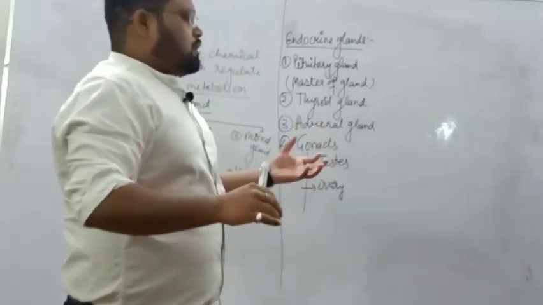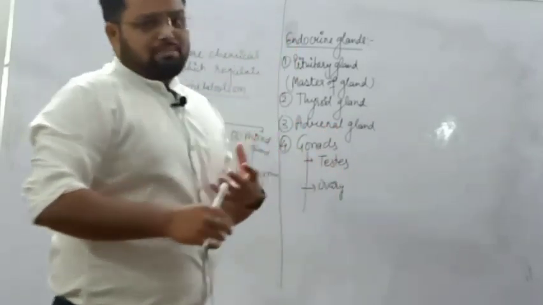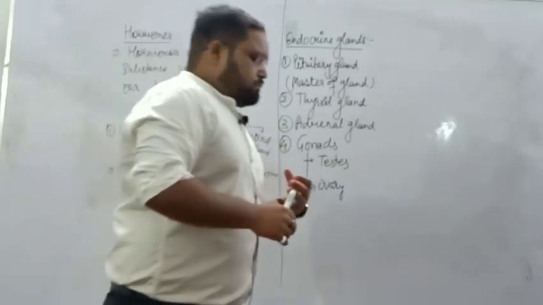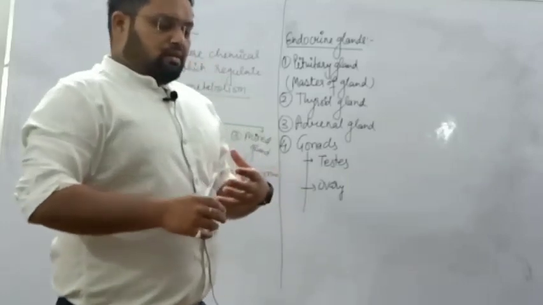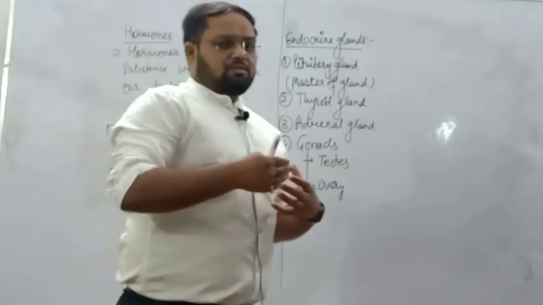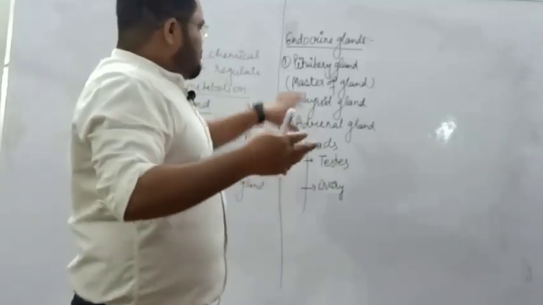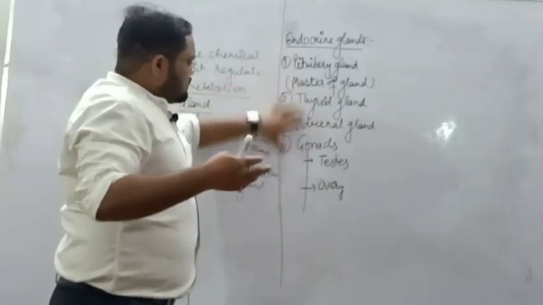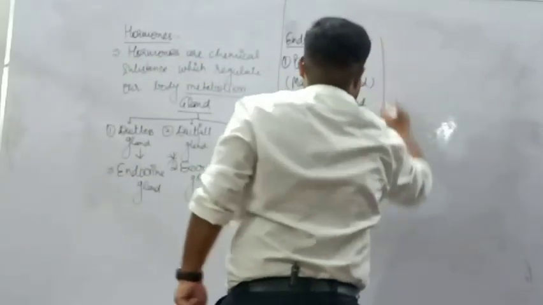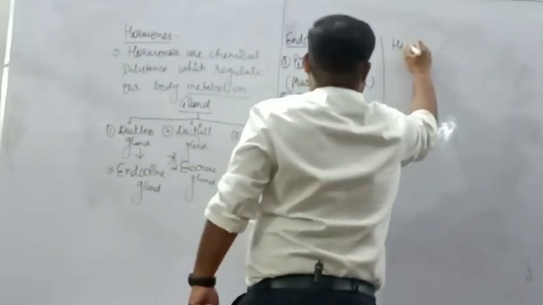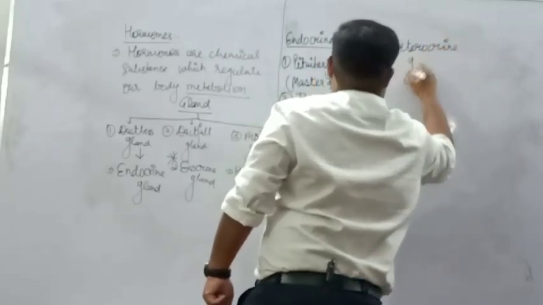There are so many glands also present, which we will discuss later, like the hypothalamus gland, parathyroid gland, pineal gland. Those are glands that will come in competitive examinations, which I will also tell you. But first we will cover these glands.